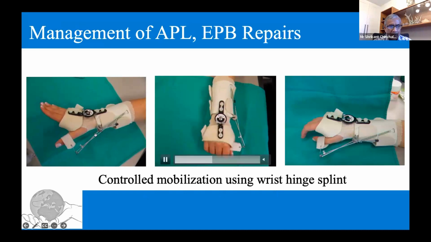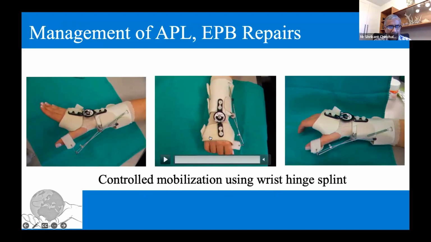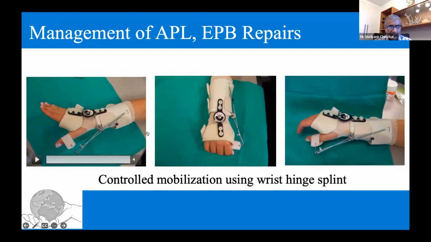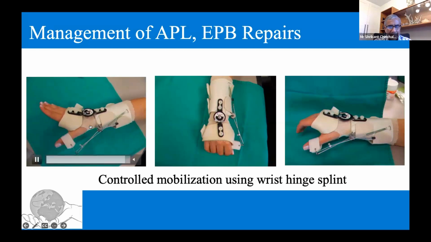Here is another patient where we allowed isolated wrist motion towards ulnar deviation and radial deviation. We allowed isolated thumb MP and IP joint flexion so that the tendons glide proximally as well as distally.